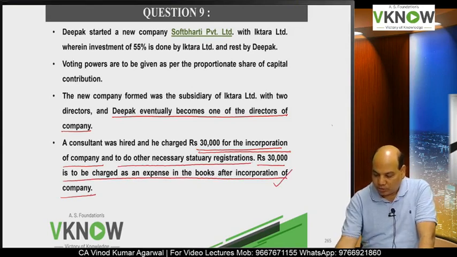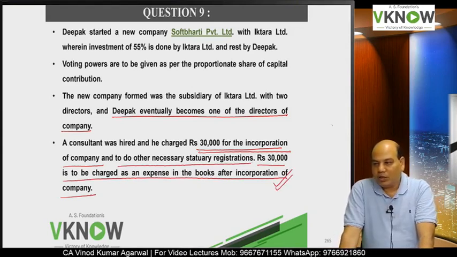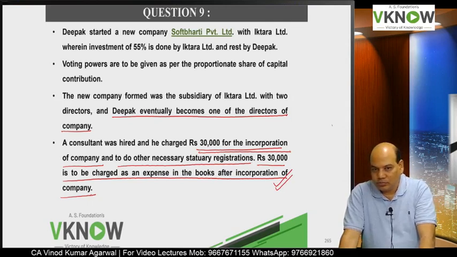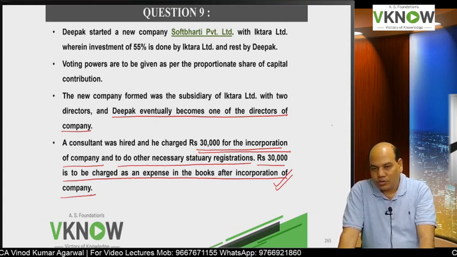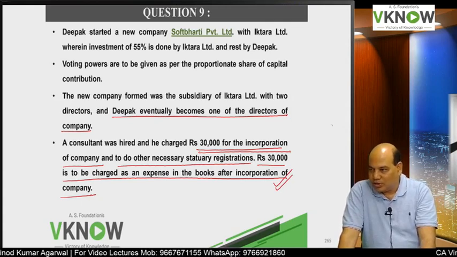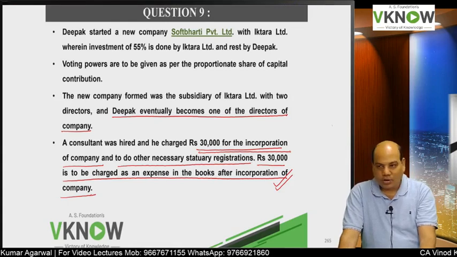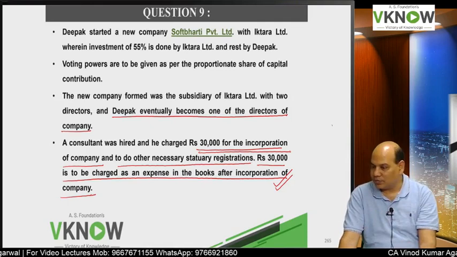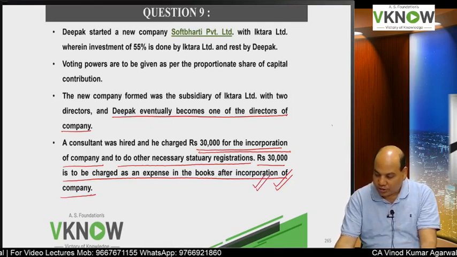So for accounting purpose, preliminary expenses will be fully written off in the same year. Is the adjustment right? All of you know that. Your accounting standard 26 also says the same thing, and we will see Ind AS 38 also says the same thing. So they have proposed the correct adjustment.